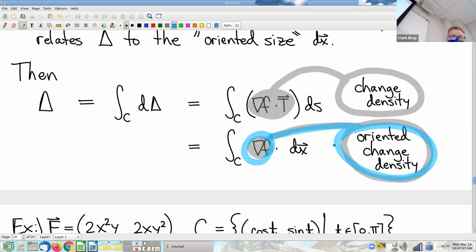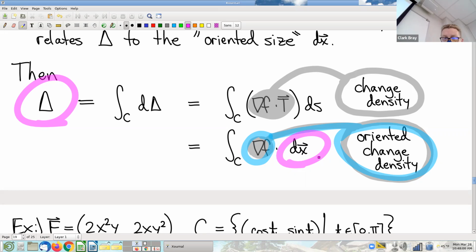The idea is that it's a relationship between input change and output change. It's just that the input change isn't a scalar size. I'm recognizing that I'm not just changing by a distance, I'm changing by a distance in a particular direction.